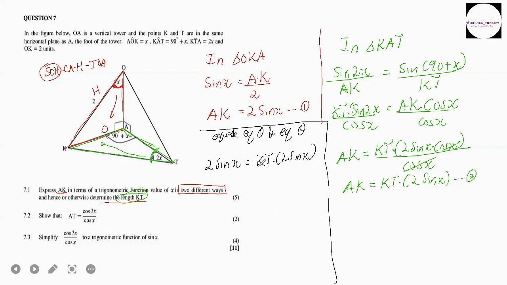At this point, we divide both sides by 2 sine x. Here they cancel and leave 1, so 2 sine x divided by 2 sine x is equal to 1. That means KT is 1 unit. And just like that, we've determined the length of KT.